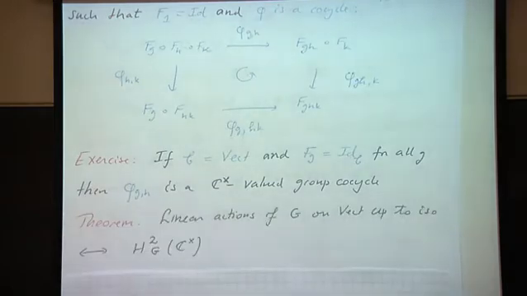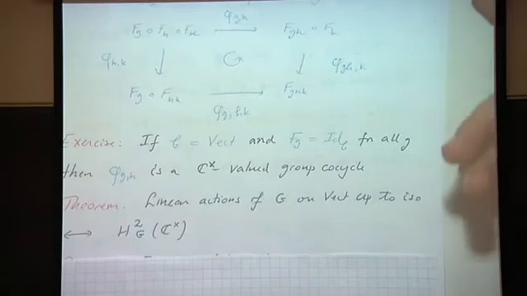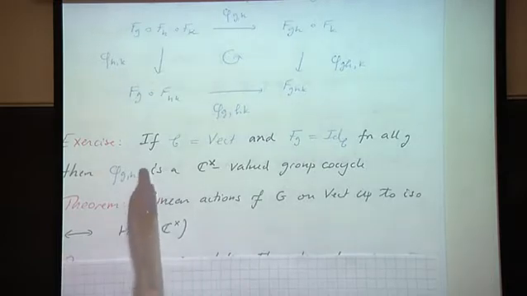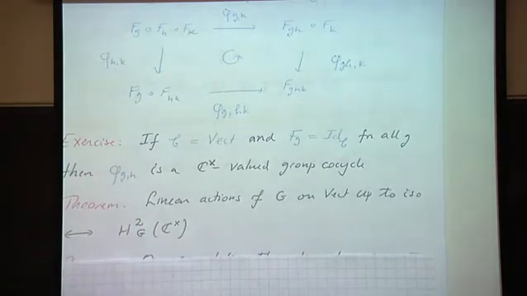So I'll state a theorem which I won't prove, because proving it is really making the statement precise. Linear actions of G on the category of vector spaces up to isomorphism are classified by elements in the second group cohomology of G with coefficients in C star. And that is the cohomology class associated with this cocycle.